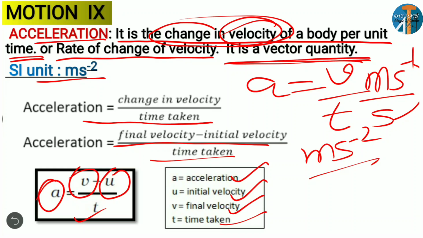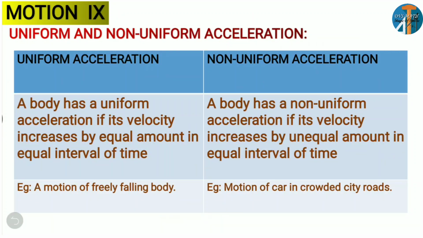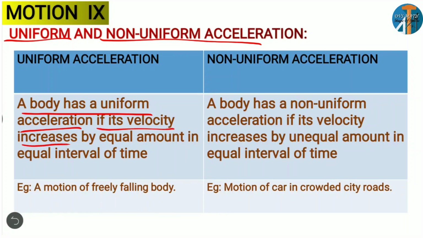But we have two concepts. In acceleration we have two forms: uniform acceleration and non-uniform acceleration. What is the difference? A body has uniform acceleration if its velocity increases by an equal amount in equal intervals of time.